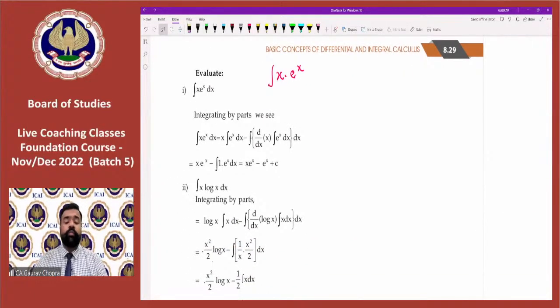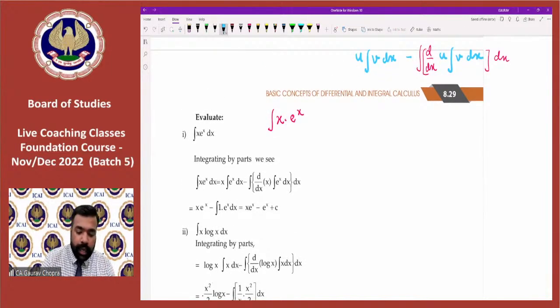So integration of x e to the power of x. So x is algebra, e to the power of x is exponent. So we will take x as first function, e to the power of x as second function. So let us apply the formula. First is u, which will remain outside, so x is outside.